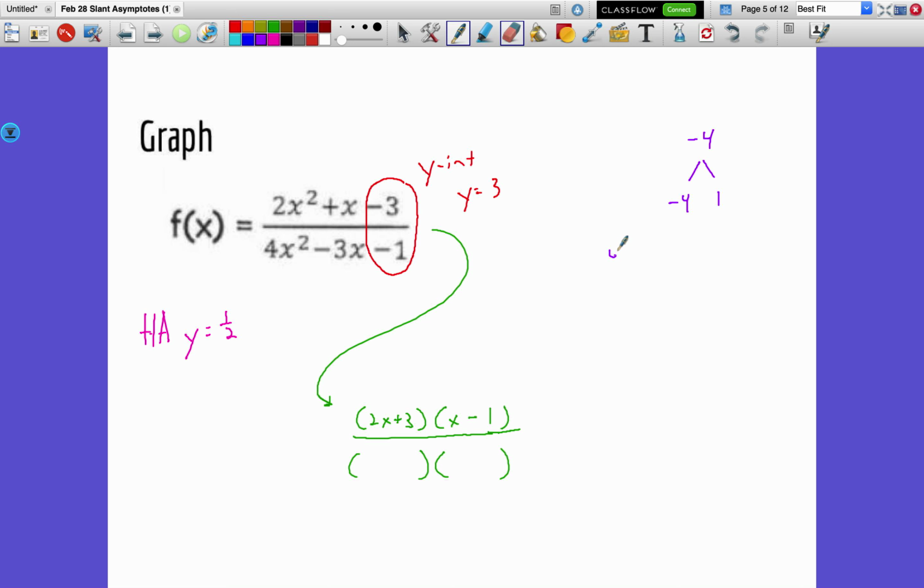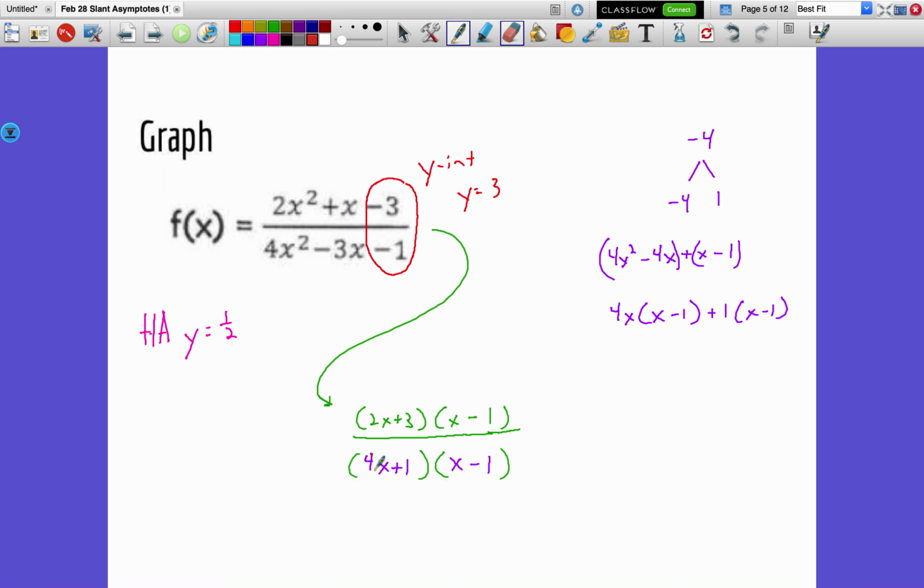Split that middle term, make it 4x squared minus 4x plus x minus 1. Regroup, take out the greatest common factor of a 4x, leave behind an x minus 1 and a 1. Leave behind an x minus 1, which gives us the factors 4x plus 1 and x minus 1.